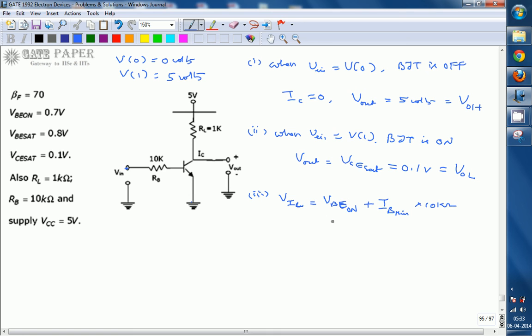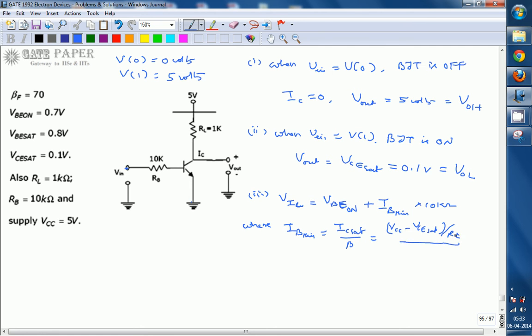So IB minimum can be calculated as IC saturation divided by beta, where VBE on is given. IB minimum is equal to IC saturation divided by beta. IC saturation is nothing but VCC minus VCE saturation divided by RC.